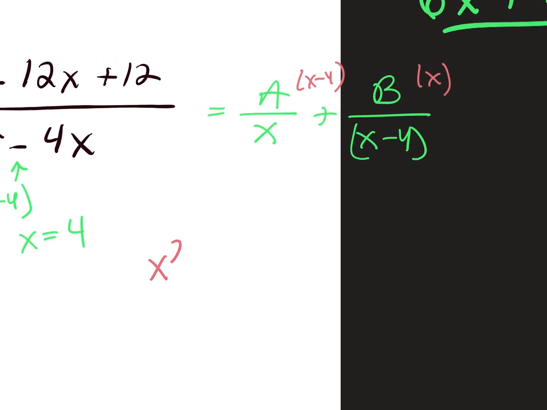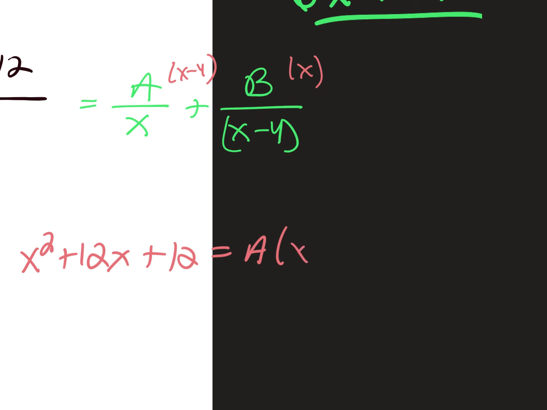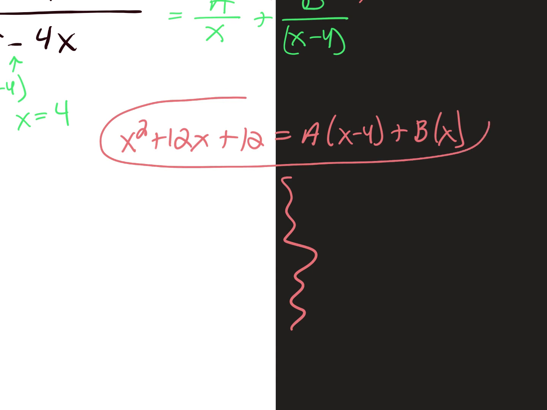We have x squared plus 12x plus 12 equals a times x minus 4 plus b times x. This is my equation setup. When they ask you for the partial fraction decomposition equation setup, that's what we're looking for.